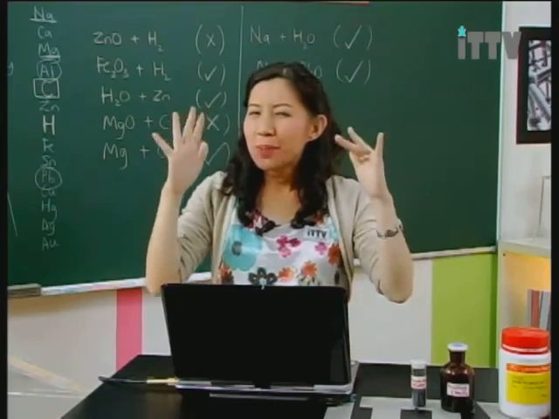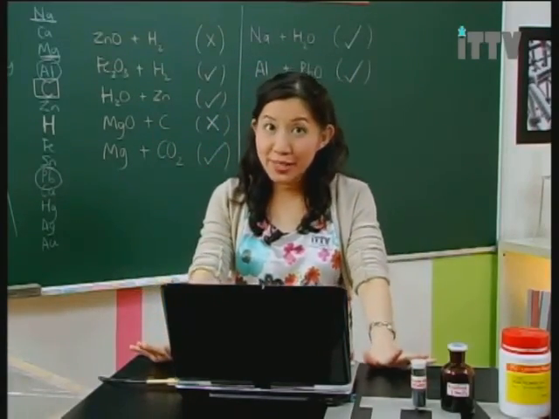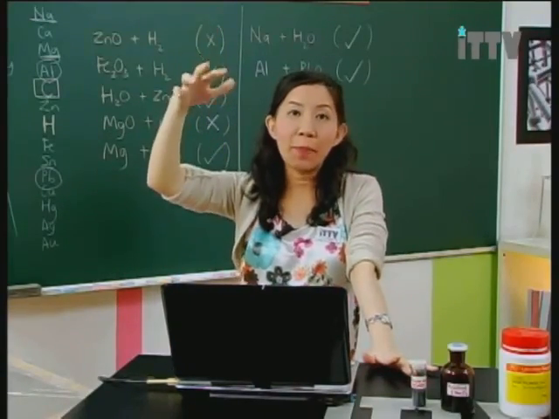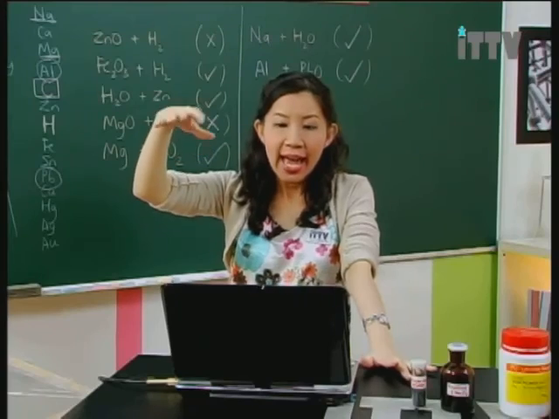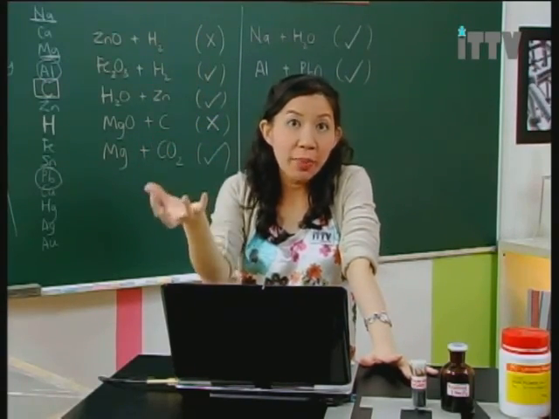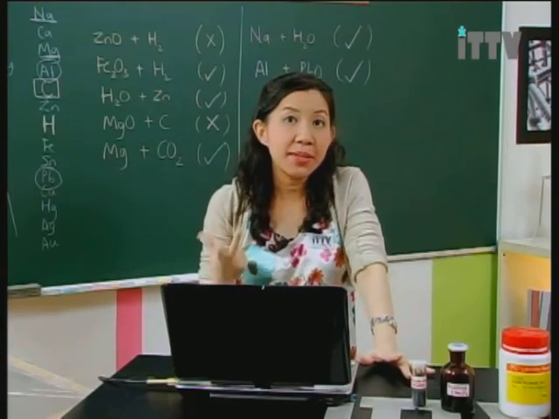Now, this one actually is a little bit of memory work because remember we talked about the blast furnace, that there were 3 main ingredients to be added at the top part of the blast furnace. And one of them will be, of course, we need the iron ore. That's our main raw material. And secondly will be limestone, which is calcium carbonate.